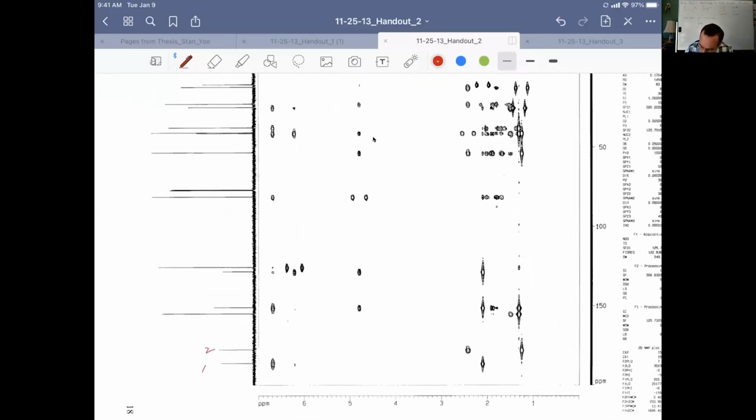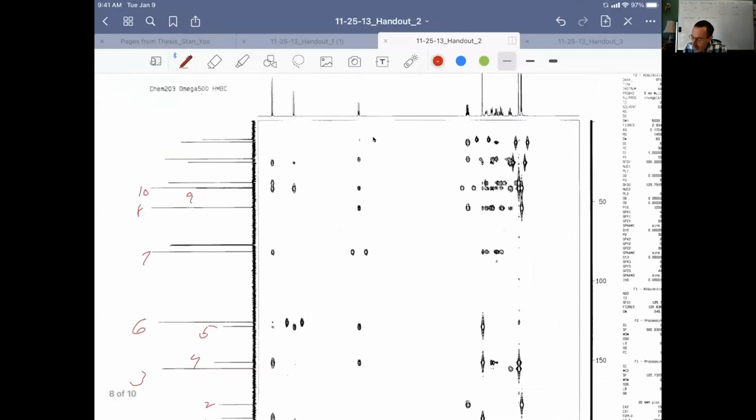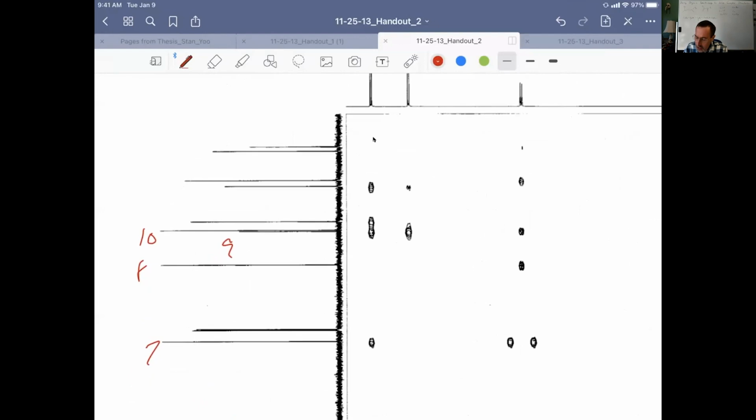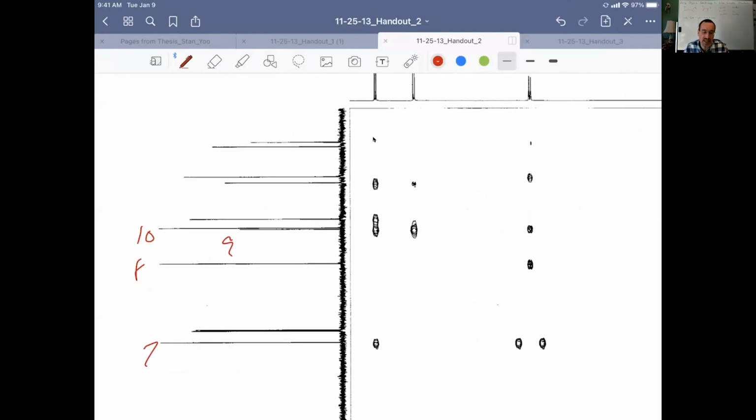So again, I'm going to number 1, 2, 3, 4, 5, 6, 7, 8, 9, and 10 are pretty close together. They're about a half a ppm apart. I wish I had given you an expansion on these, because a half a ppm, particularly if you do 512 increments in the F1 dimension, you can resolve with the digital resolution.